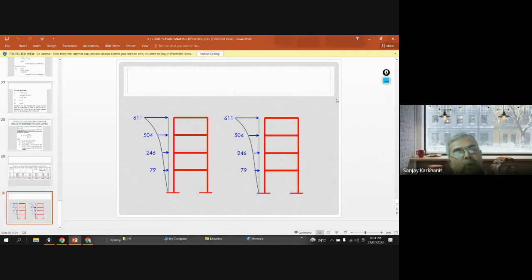Then once you get the forces, maybe bending moment, shear force, torsion, axial force, you will design the building. Clear? Clear, sir.